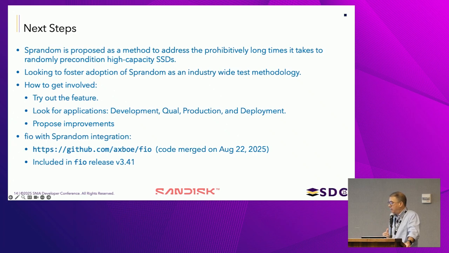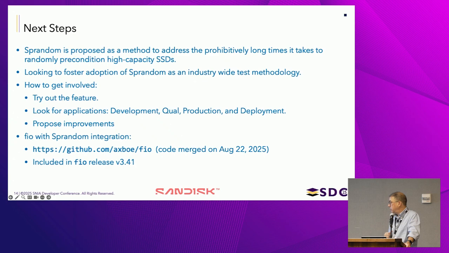So I'm hoping that people in this room or people that watch this talk will try downloading FIO, give it a try. Look for ways that you can apply it in not just your development, but also in production and deployment. And let me know if you find anything that suggests improvements.